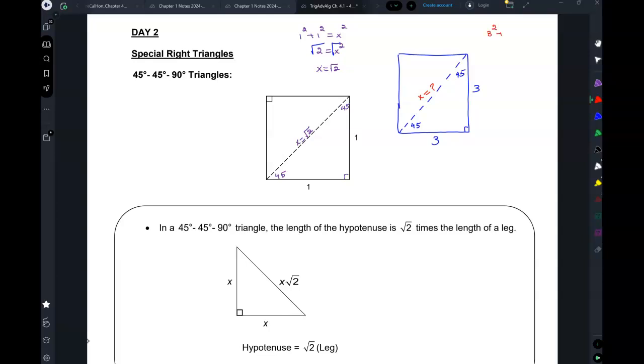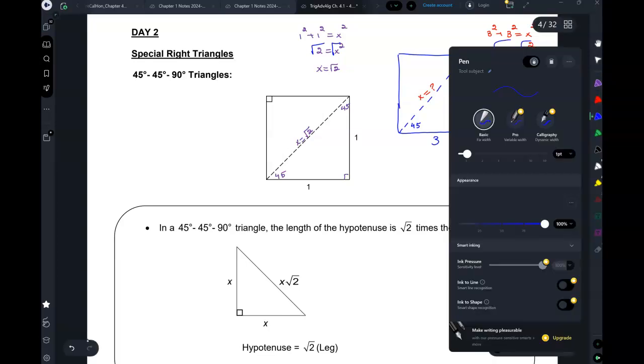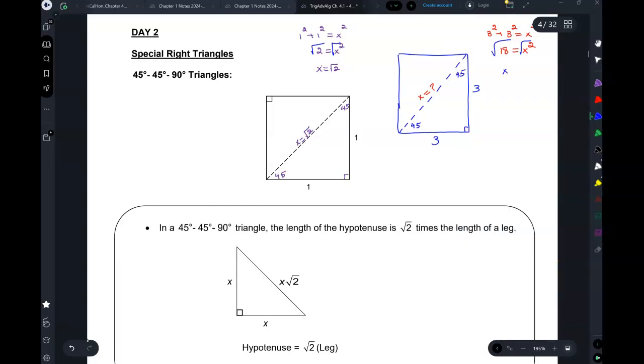So now what are we going to do? 3 squared plus 3 squared equal to x squared. Okay, so that's 9 plus 9, 18. Now when I take a square root, x is what? It's root 18, but can I leave root 18 as root 18?